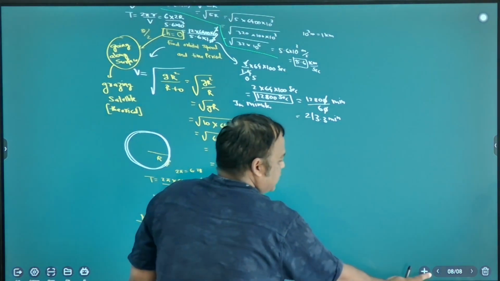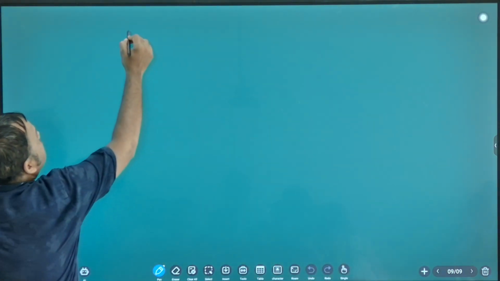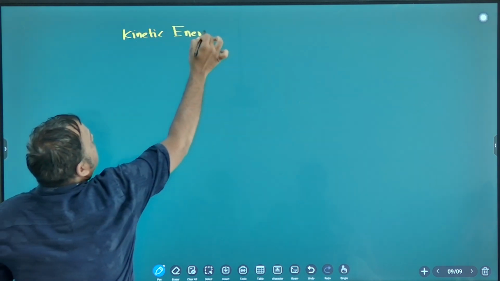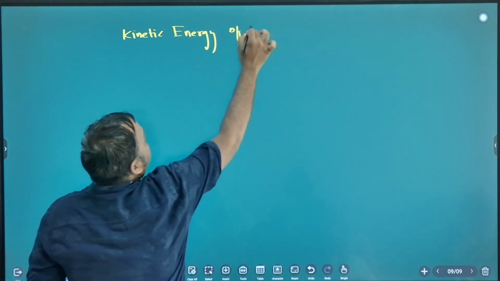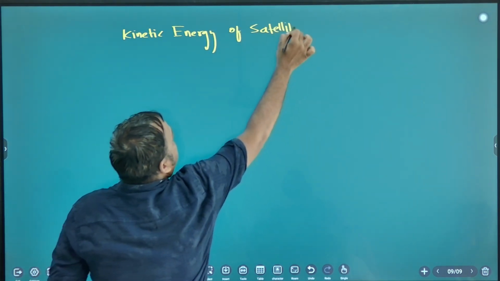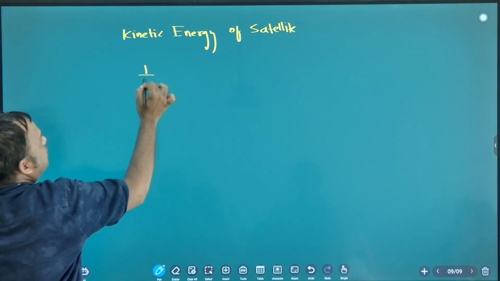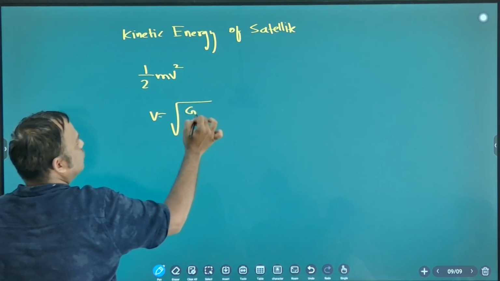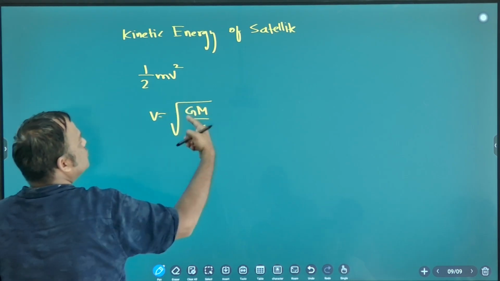Next, you write down kinetic energy of satellite. What is the formula for kinetic energy? Half m v square, and v you know is the square root of GM by r. Substitute here.